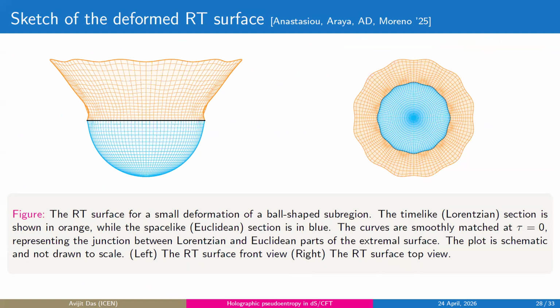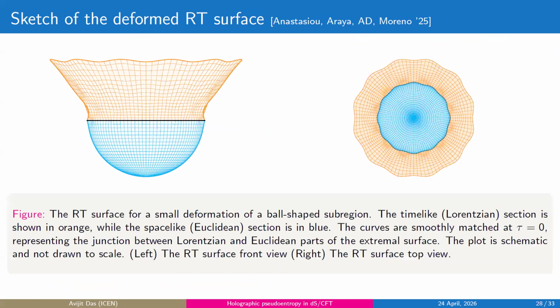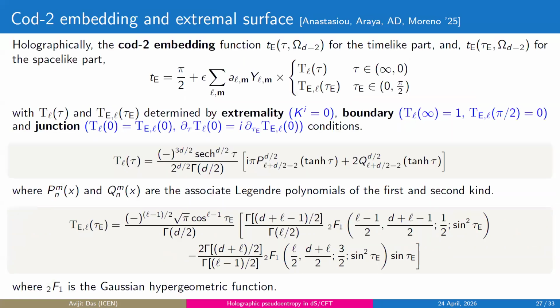The other boundary condition is that at the junction, where you are gluing the spacetimes, it is smooth and analytic. So the function should be continuous and its derivative should also be continuous. If you impose all these conditions, then you can solve analytically for T_L and T_EL.